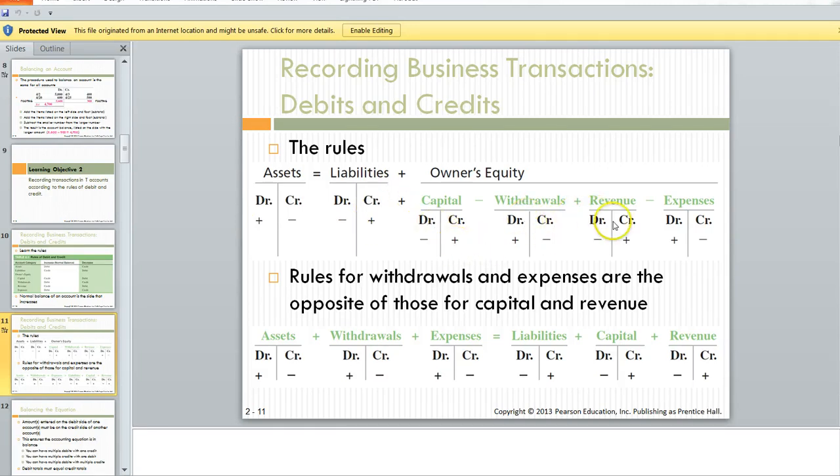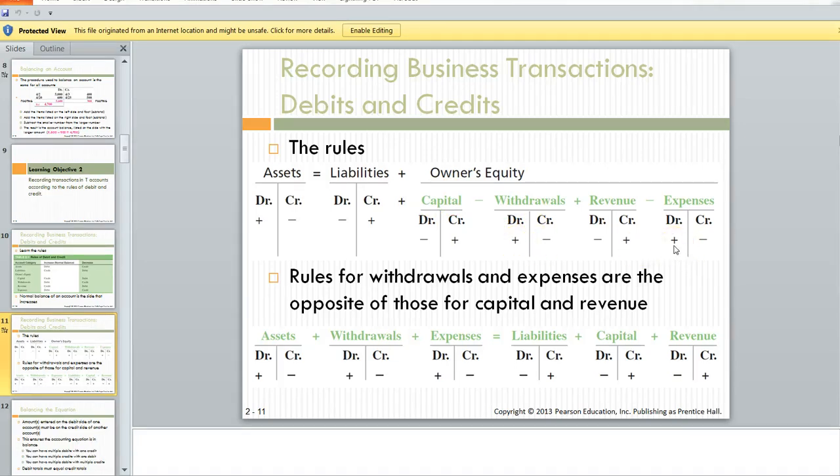With the withdrawals and the revenues and expenses, you just have to realize that the plus signs in withdrawals and expenses are merely accumulations that will have a negative effect on capital, so that the debit really means a reduction in capital. The debit means an increase in the amount of withdrawals over a period of time.